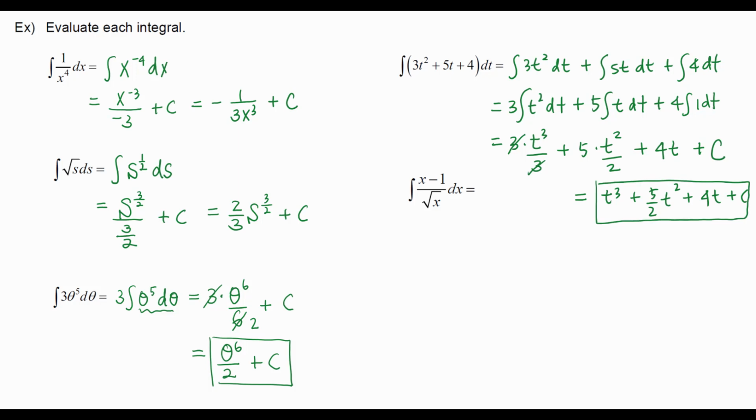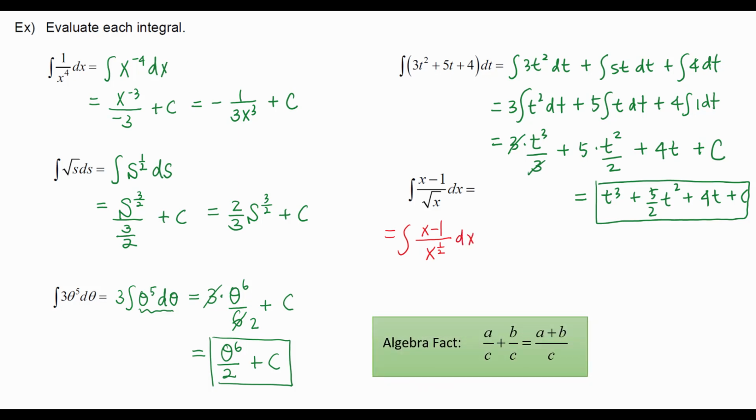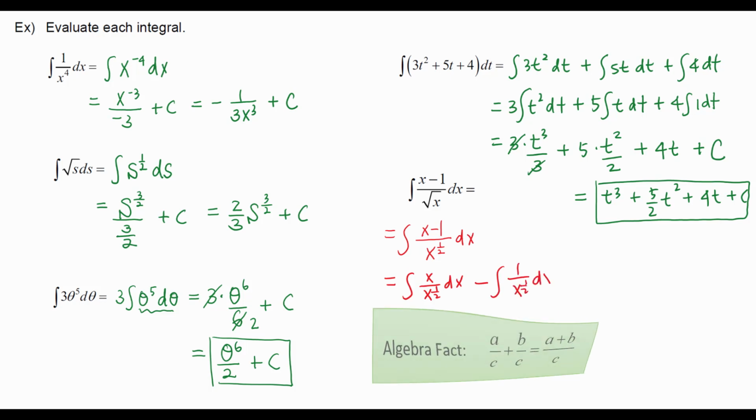All right, lastly, what would be the integral of x minus 1 over radical x dx? Well, this is equal to x minus 1 over x to the 1/2 power dx. And x to the 1/2 power is the common denominator for both terms of x minus 1. So I can actually split this. So this is equal to x over x to the 1/2 power dx minus 1 over x to the 1/2 power dx.